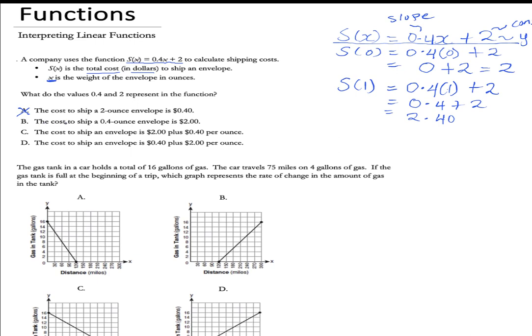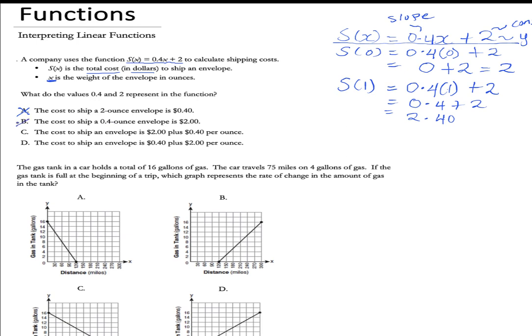B states the cost to ship a 0.4 ounce envelope is $2. Now we just saw that when I put 0 as a value for x, the cost was $2, so the weight can't be 0.4 ounces.